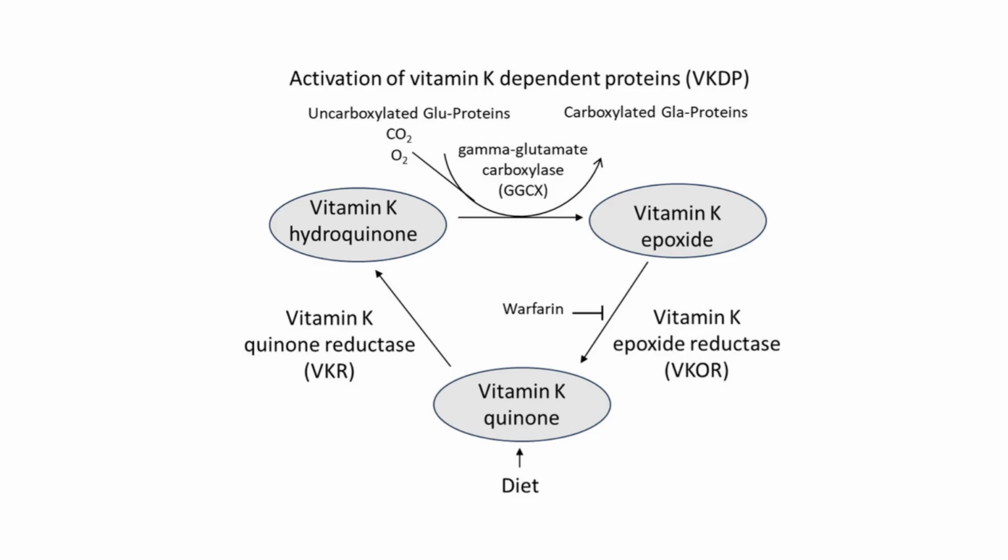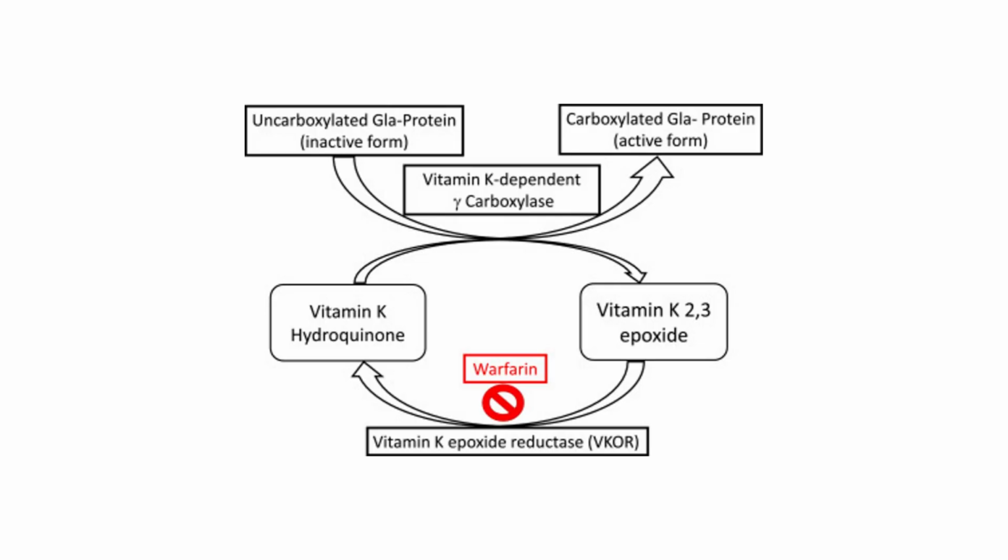This recycling is called the vitamin K cycle. Think of it like a rechargeable battery. Reduced vitamin K is the charged battery and oxidized vitamin K is the discharged battery. So VKOR recharges it.